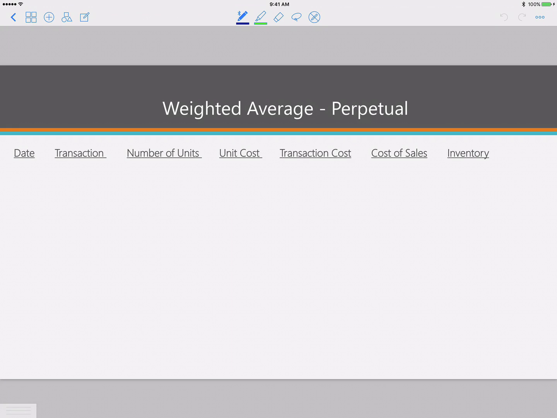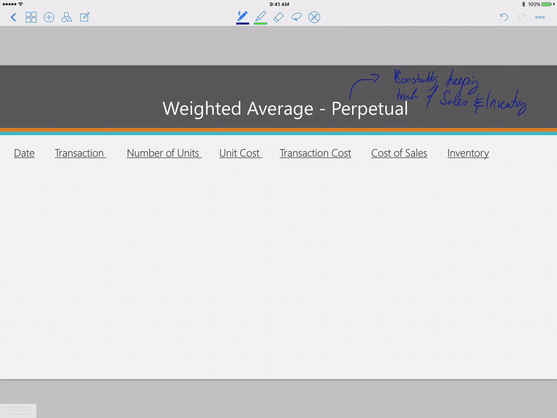So we're going to start off by doing this under weighted average under the perpetual system. So if you recall, perpetual system, you are constantly keeping track of sales and inventory. So we're constantly updating our inventory based on the sales.